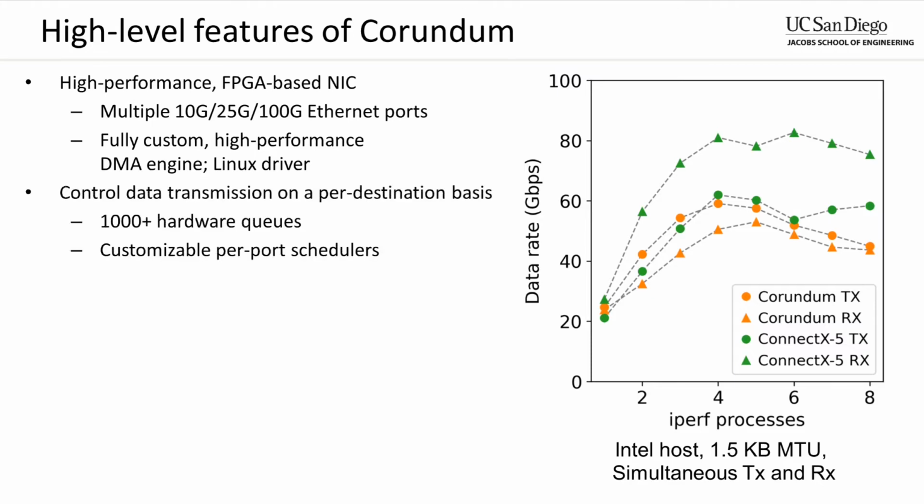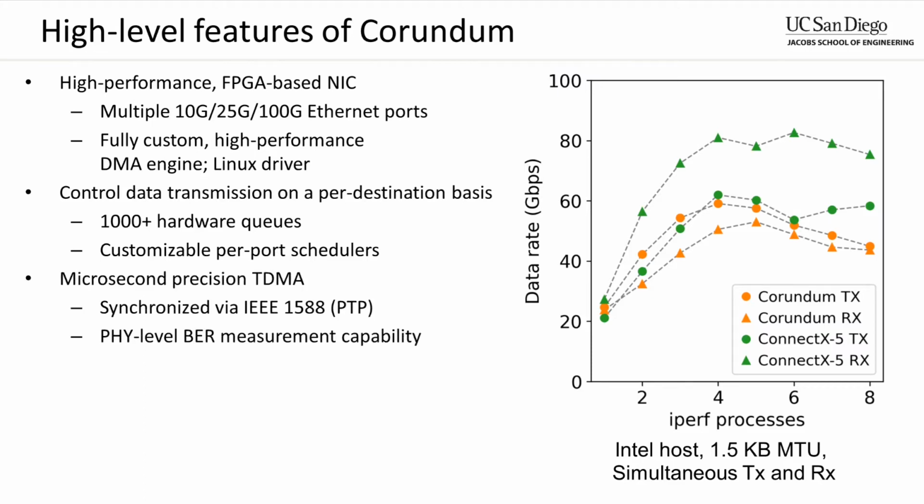Using thousands of hardware transmit queues coupled with customizable per-port schedulers, Corundum can control data transmission on a per-destination or per-flow basis. These schedulers, in combination with IEEE 1588 PTP time synchronization, enable microsecond precision TDMA. This TDMA functionality provides a very powerful layer 1 BER measurement capability for characterizing optically switched links.